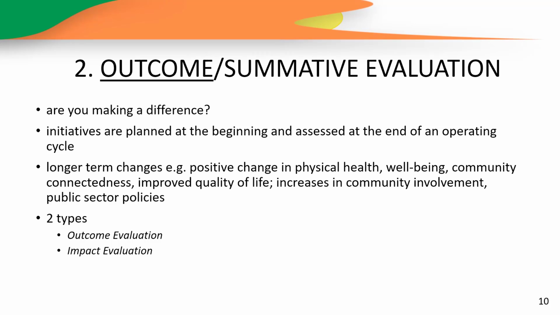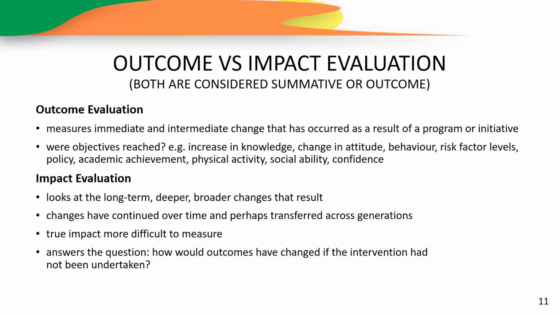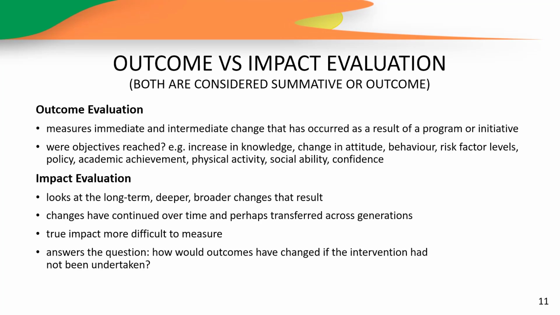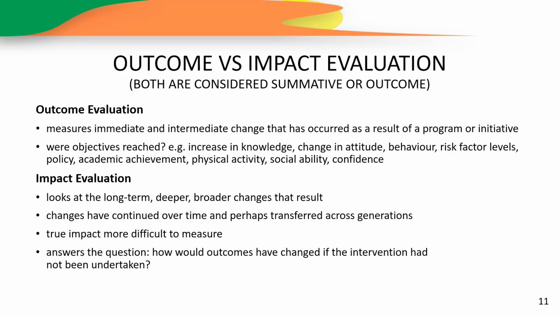And quite often the outcomes are referred to as two different types: outcome evaluation and impact evaluation. And the biggest difference with those is that impact evaluation looks at longer term impact and broader changes. It takes more time, and the outcome evaluations are really about immediate outcomes.